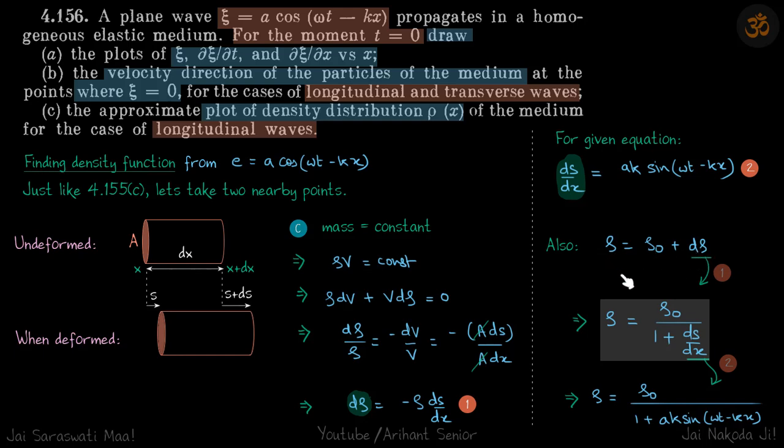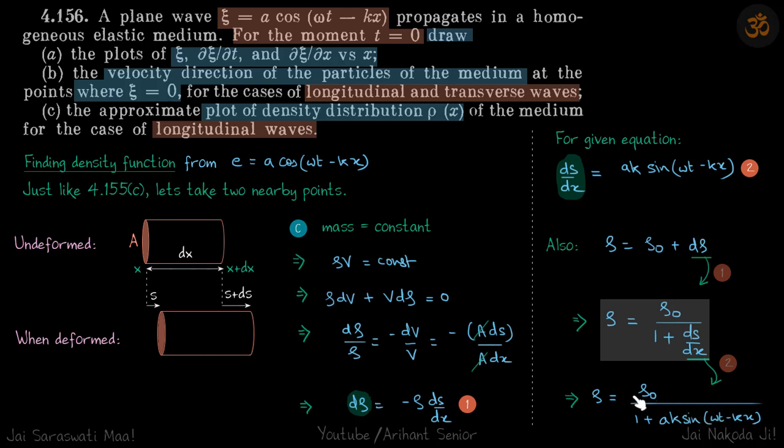If you put the value of d rho here, that is minus rho ds by dx, and take it to the other side, rho comes to be rho naught upon 1 plus ds by dx. Now if you put in this value, rho comes to be rho naught upon 1 plus ak sin(omega t minus kx). So this is the distribution of rho with x.